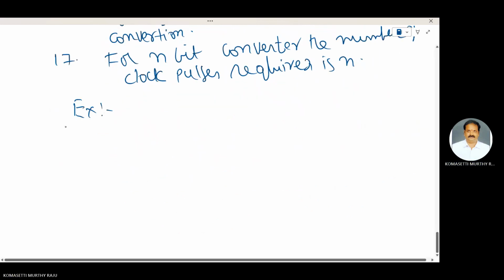Example. First one, Vin is equal to 212. This is one hold value.